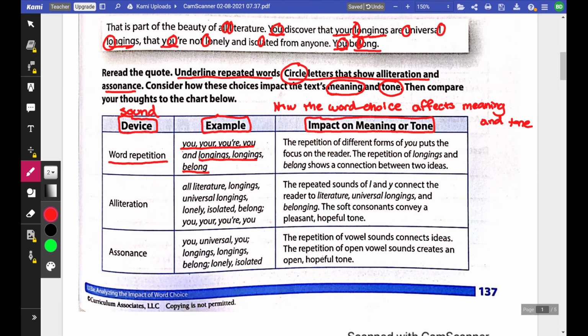Now we have to figure out the impact on meaning or tone, so how the author's word choice affects the overall meaning and tone for the quote. Let's see what it says. It says the repetition of different forms of you puts the focus on the reader.